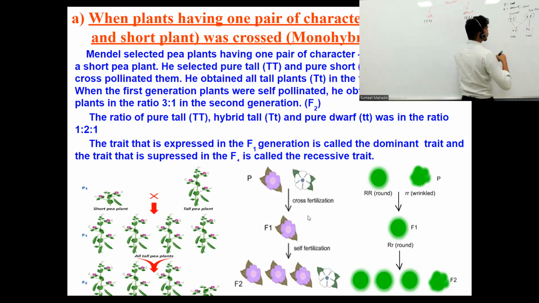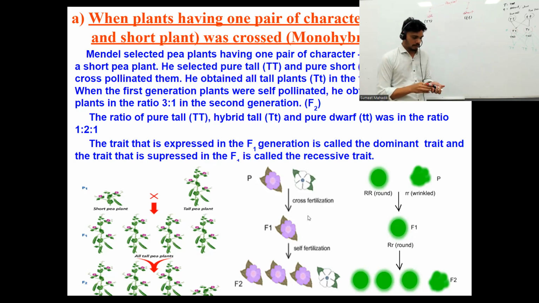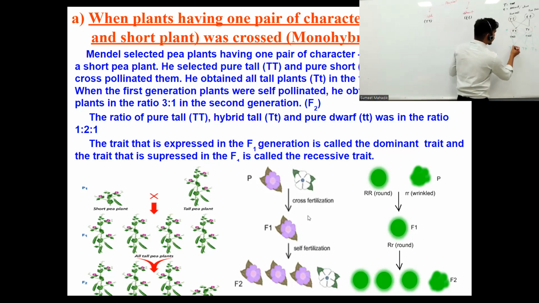So now this is a male, this is a female. Okay, let's start. One we get TT, one we get TT, one we get TT, and one we get small t. So let's talk about this. This is totally tall.